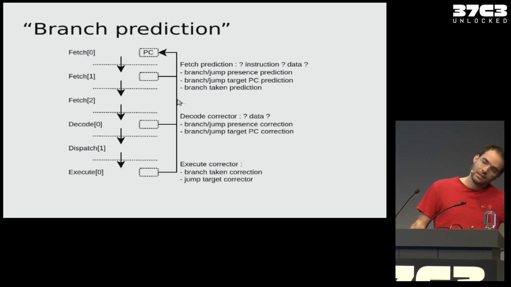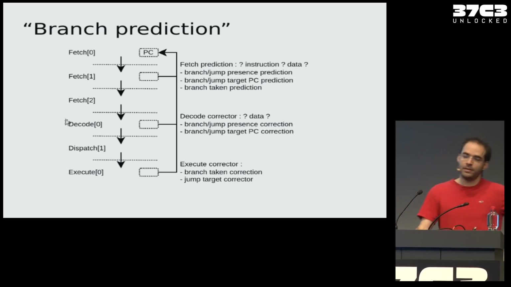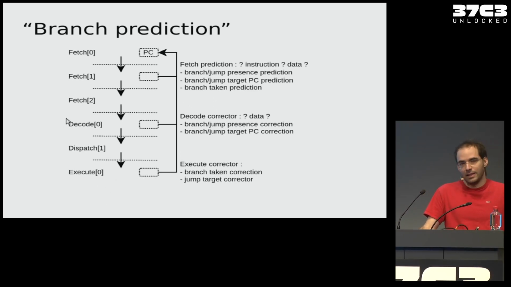So there is really a lot of branch prediction happening early on, and everything which goes below is only about correcting those branch predictions made really early. For instance, in the decode stage, you know exactly which instruction you are executing, so you may correct a few things. And in the execute stage, it's not really about executing the jump and branch.